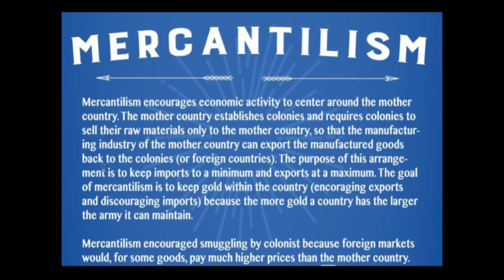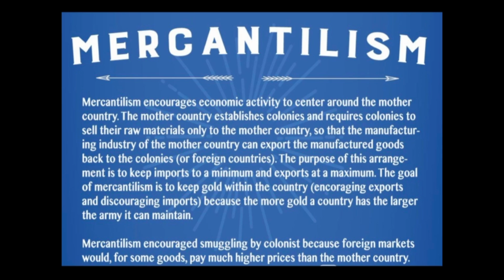So this is the standard definition of mercantilism. You can read the definition from the slide, but I will tell you in simple language what exactly it means. Mercantilism is a philosophy held by a nation that it should increase its exports much more than its imports, so that a country has much more money with it.